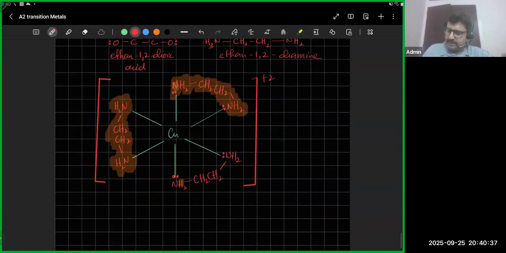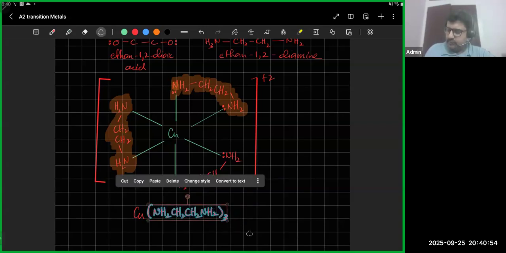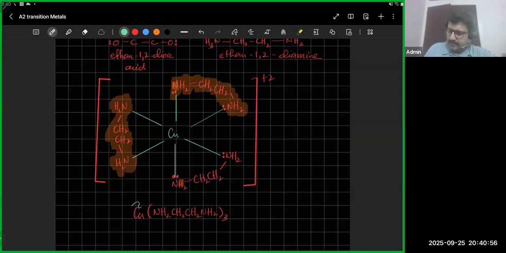The way you're going to write this is copper, and NH2, CH2, CH2, NH2, and there are three of them. You can put them together. There's copper +2, and these are neutral ligands getting attached to it. Put square brackets, and it's going to have an overall +2 charge.